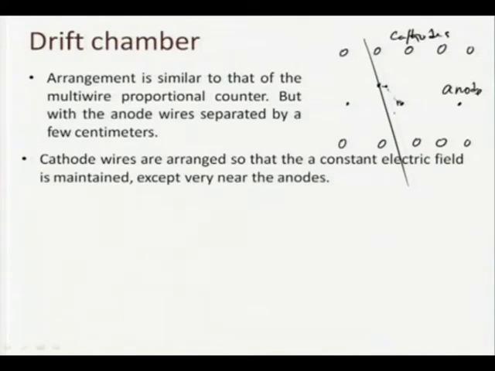But since the distance between the anodes is large, the primary electrons are produced away from any of the anodes, and they will slowly drift because the electric field is constant and low. It will slowly drift towards the anode for some time, and it takes a little while for it to attain the energy needed to create secondary ionizations, or further ionizations, and the avalanche. It takes a little time.